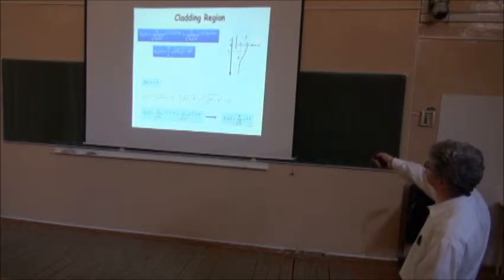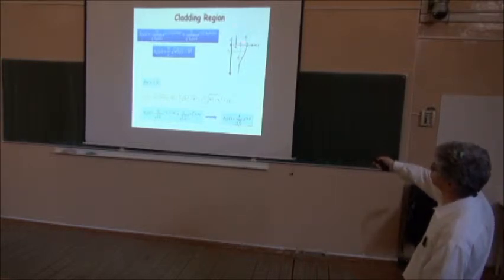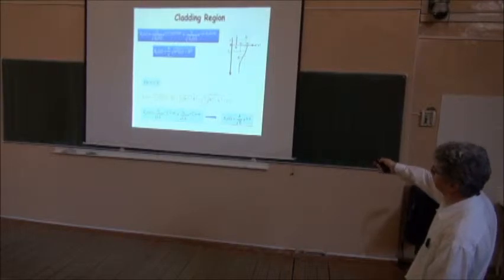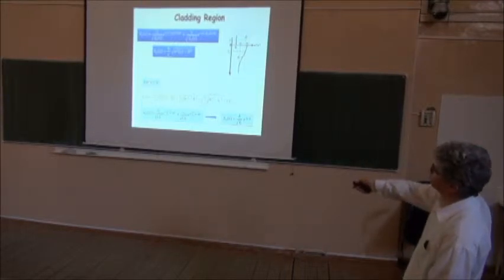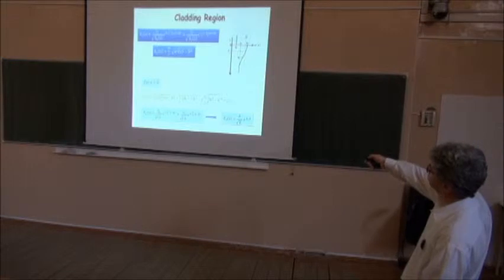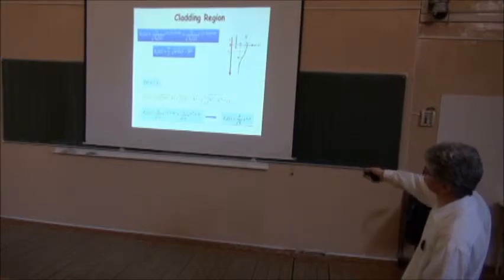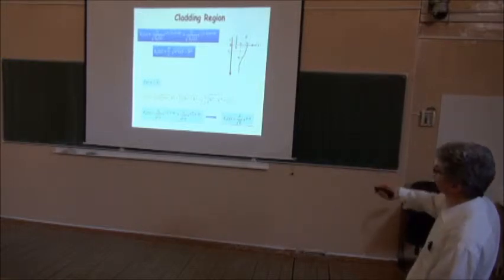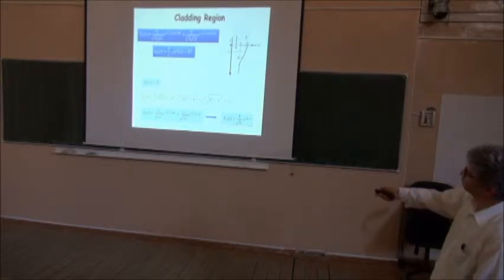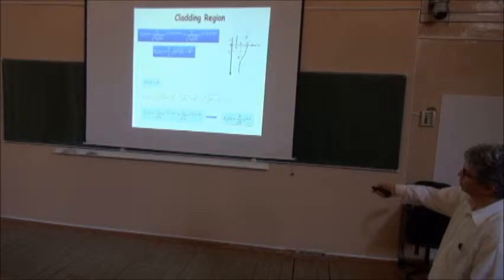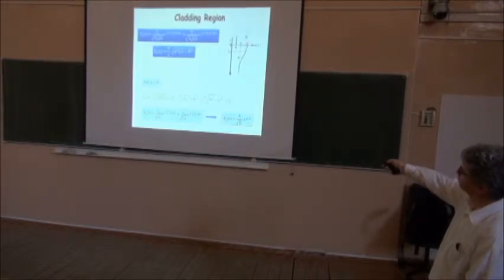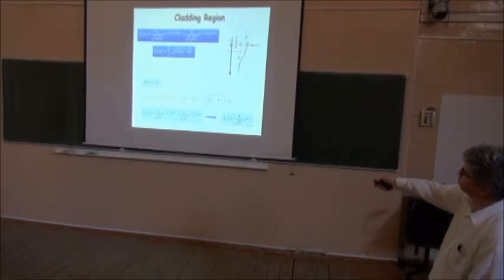Now I'm going to look first for the solution in this light blue region. For that region, x is smaller than 0. This time my increasing x is going to the bottom there. So for that particular region, I can get kx. This is the general expression, but for this region my refractive index is actually a constant, equal to the refractive index of the cladding.